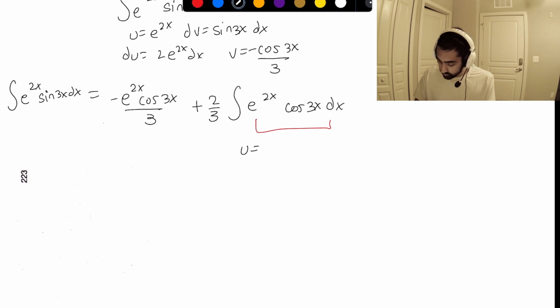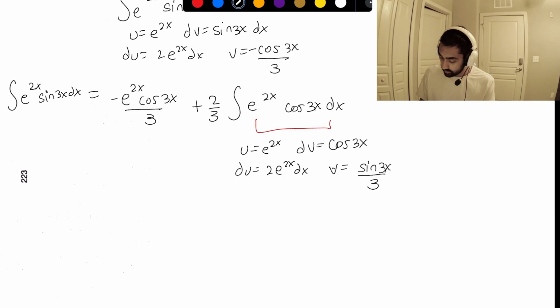If I do that with u equal e to the 2x and dv equal cosine 3x dx, again du is 2e to the 2x dx, and v will be sine 3x over 3.